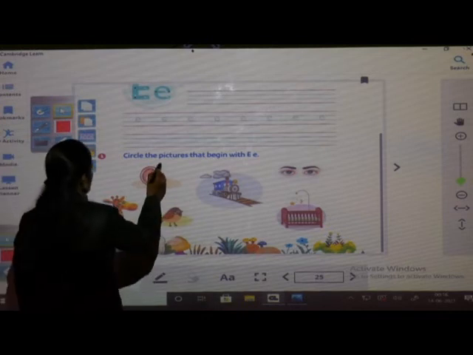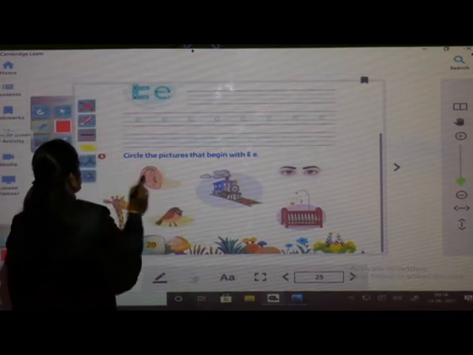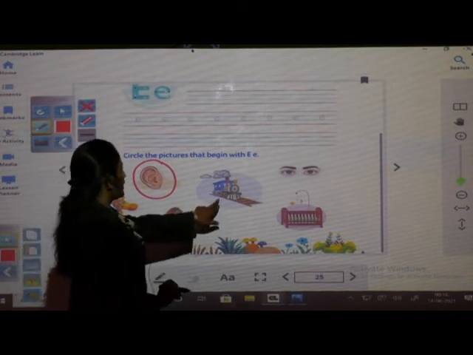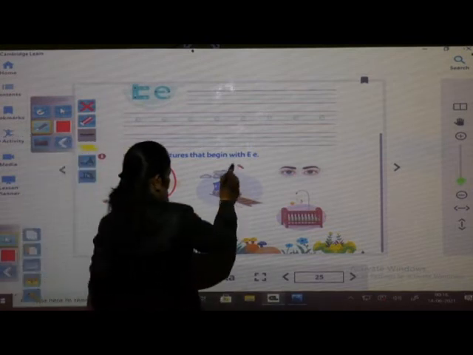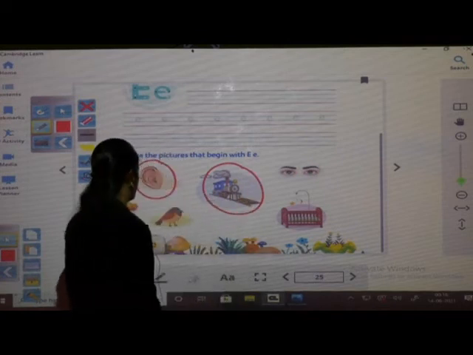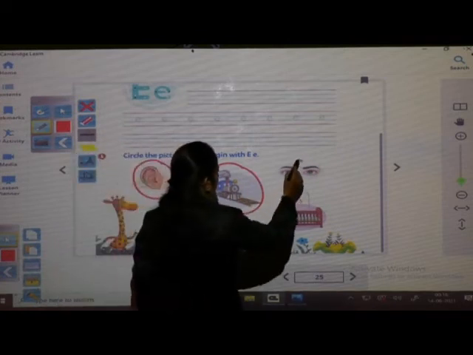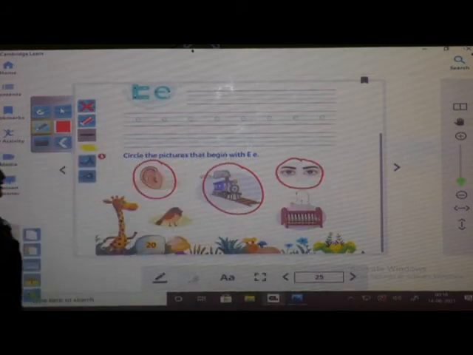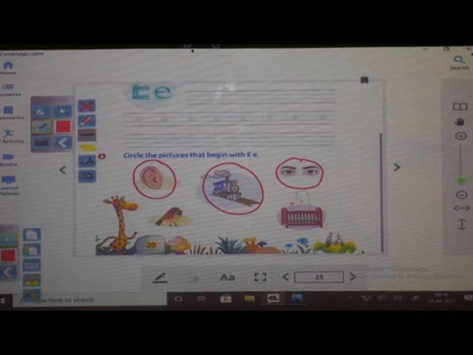E. Very good. You have to circle this ear, okay? Come on. Next is engine. This engine also starts with letter E. You have to circle, okay? Eyes. It starts with letter E. Finished? Complete fast.